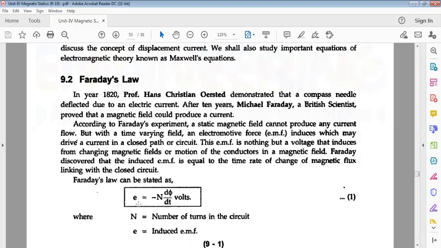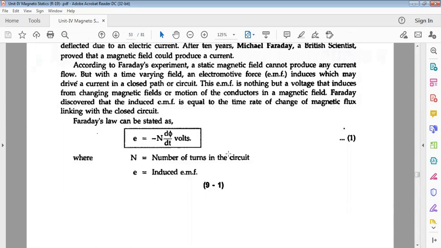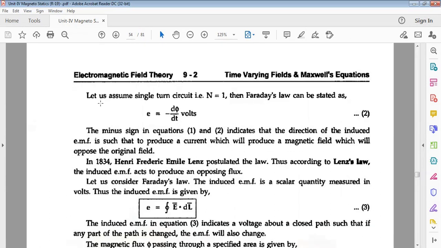So E is equal to minus N into d phi by dt, where N is the number of turns of the circuit and the negative sign indicates the opposite direction. For a single turn circuit, N is equal to 1, E is equal to minus d phi by dt.